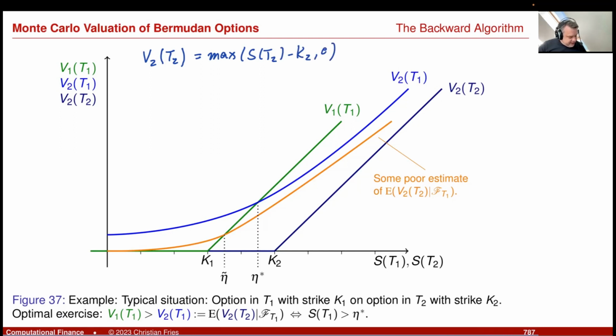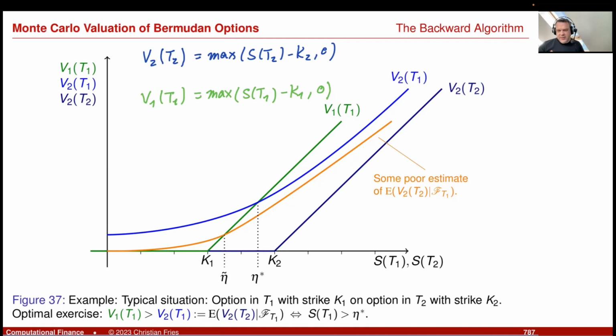And this is maybe an option on the stock observed in time t2 with a strike k2. So you can take that, or you can take at an earlier point in time an option v1, observed in t1, which is maybe just a classical European option on the stock observed in t1. An option with strike k1.